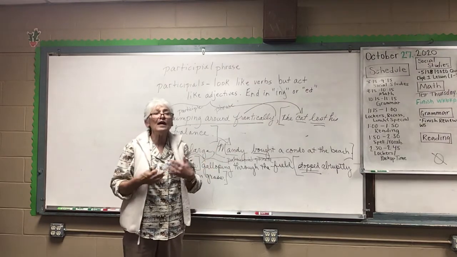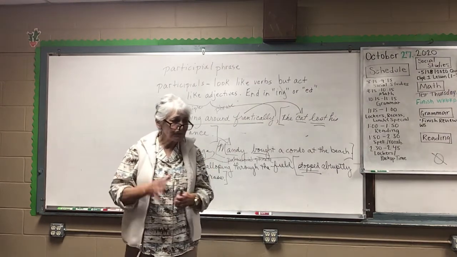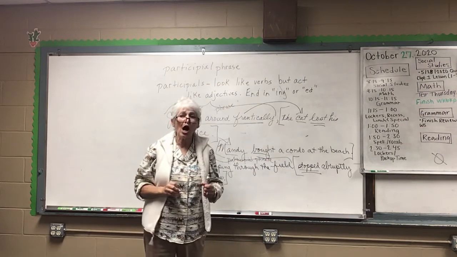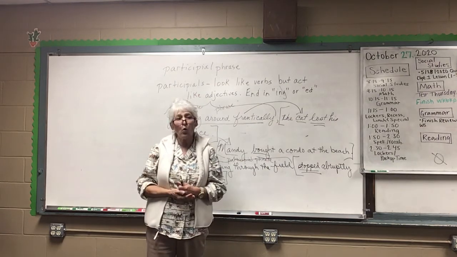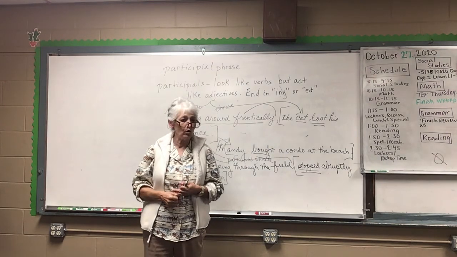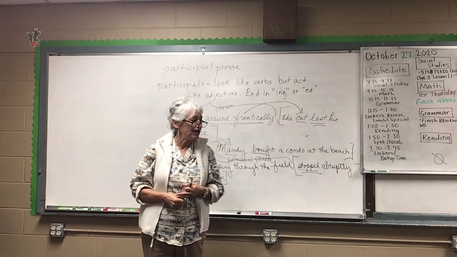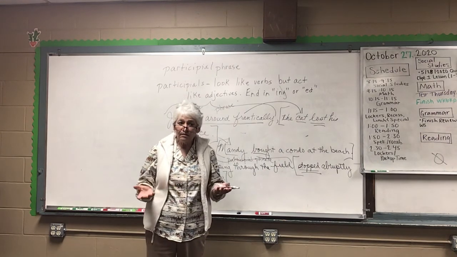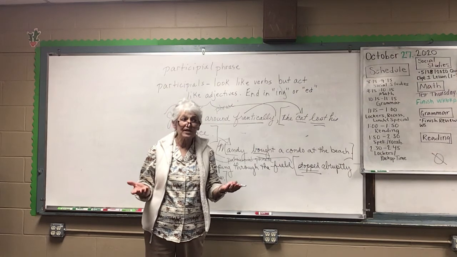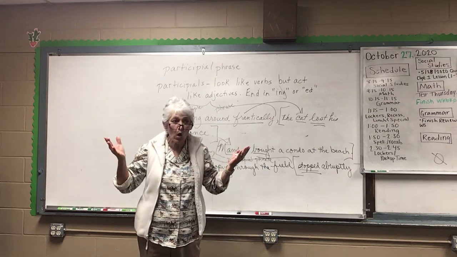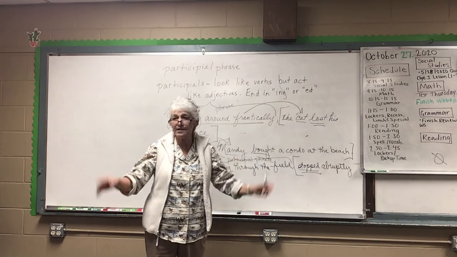Now we're at the point where we're asking you, put the comma in and tell us what it is. Is it an appositive? Is it a parenthetical? Is it a participial phrase? You're going to have to tell us why you put that comma, because if you just stick commas and you have no knowledge why, then that's not doing you any good.